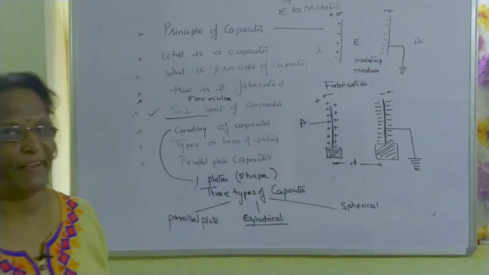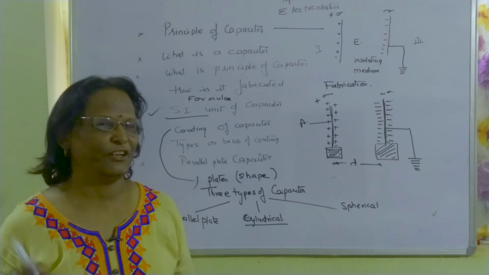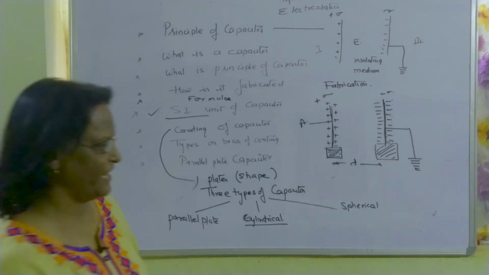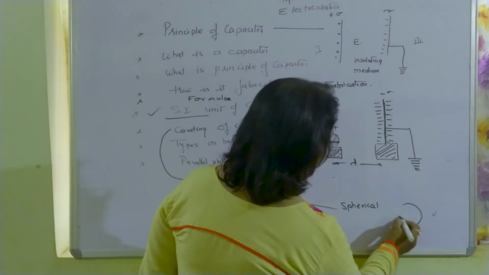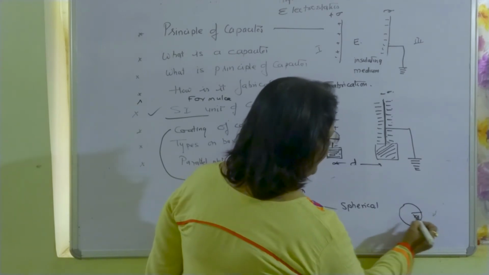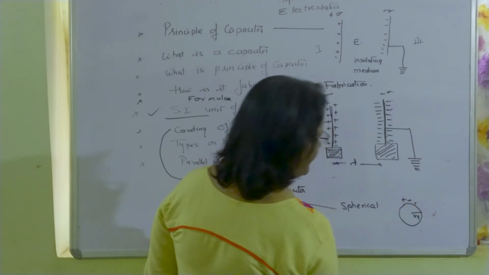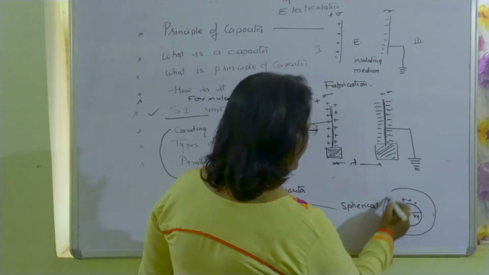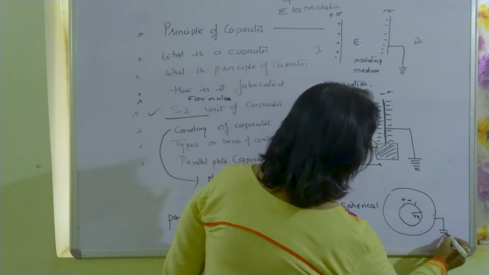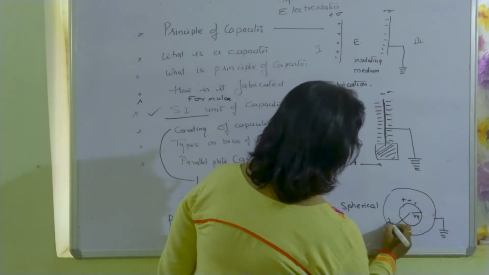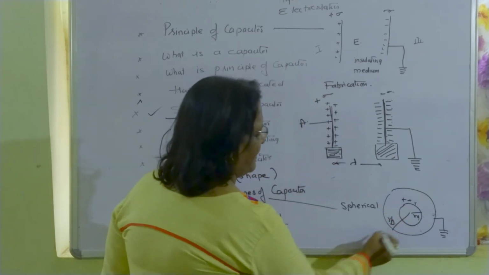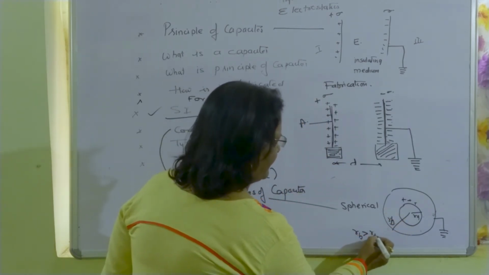The third one, obviously, will be spherical. By name itself it is clear that the two plates have a spherical shape. The inner plate has radius RA, on which we supply the charges. The outer sphere is connected to earth and has radius RB, such that RB is greater than RA.